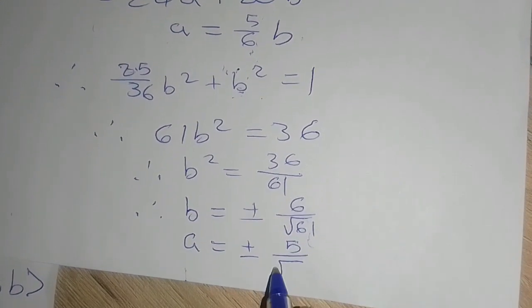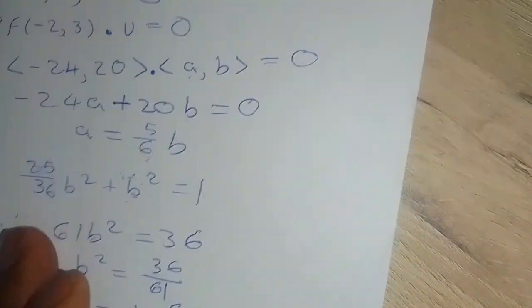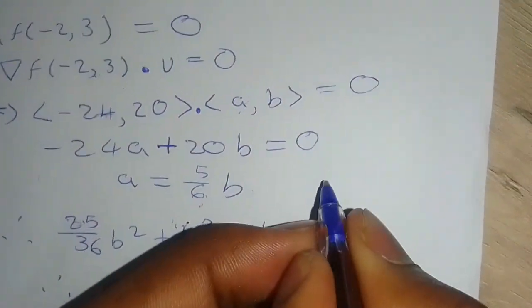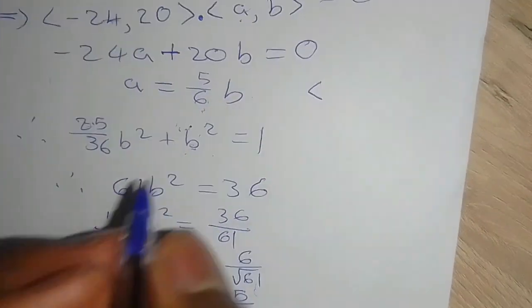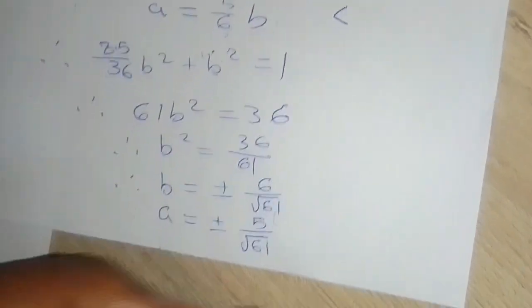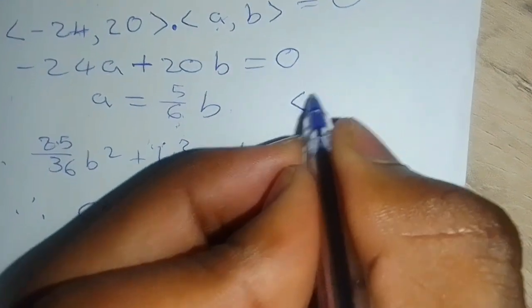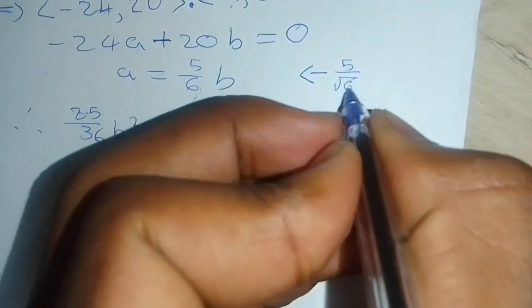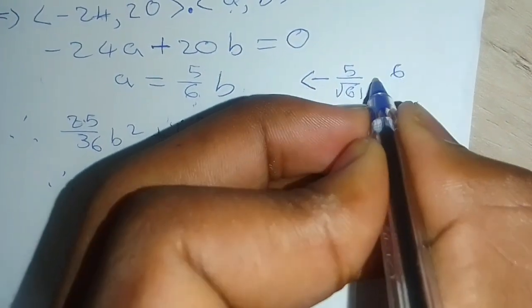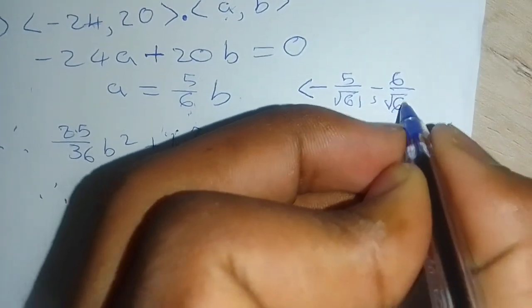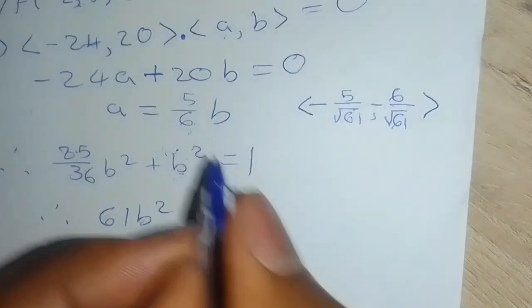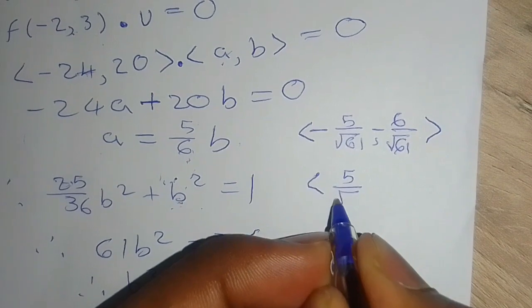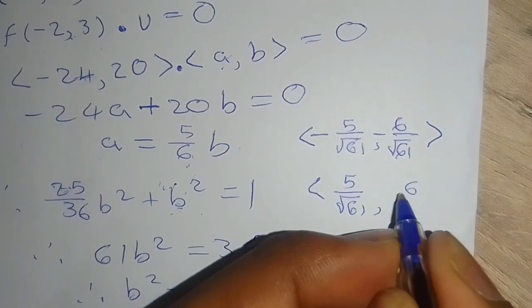So in what direction is this directional derivative equal to 0? It's 0 in the direction of two possible vectors. The possible solutions are (-5 over root 61, -6 over root 61), where you get your directional derivative at 0, and also (5 over root 61, 6 over root 61).